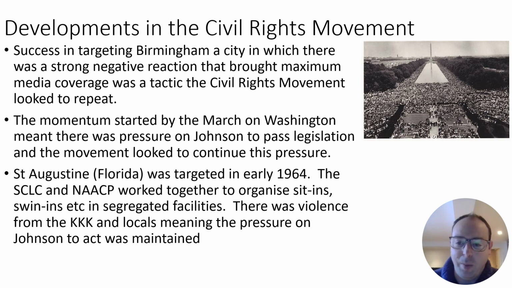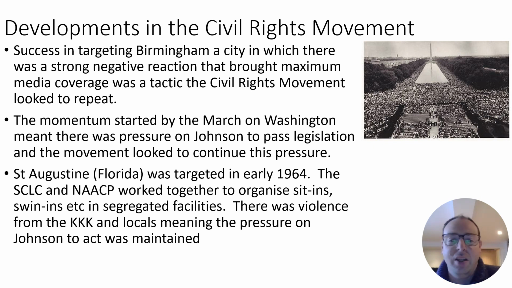To continue that pressure, they looked to repeat it and find other places where they could get a similar reaction to the one they got in Birmingham. One place they targeted was St. Augustine in Florida, in early 1964. The SCLC and the NAACP worked together to organise sit-ins, swim-ins, etc. Essentially they went to segregated facilities to provoke an angry reaction, and there was an incredibly angry and violent reaction from locals, also involving the Klan.